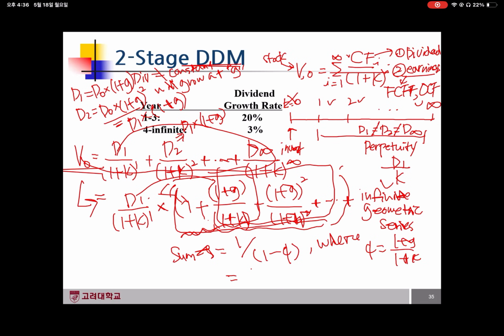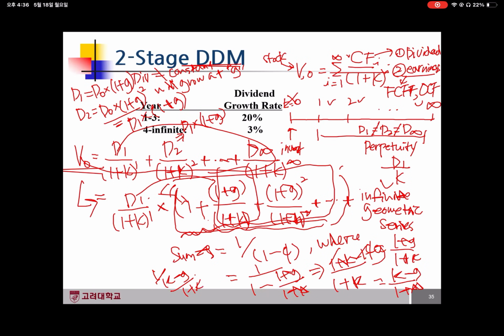So if we rewrite this, the sum is equal to 1 over 1 minus 1 plus g over 1 plus k. Solving for this, it becomes 1 over k minus g over 1 plus k, which is equal to 1 plus k over k minus g.